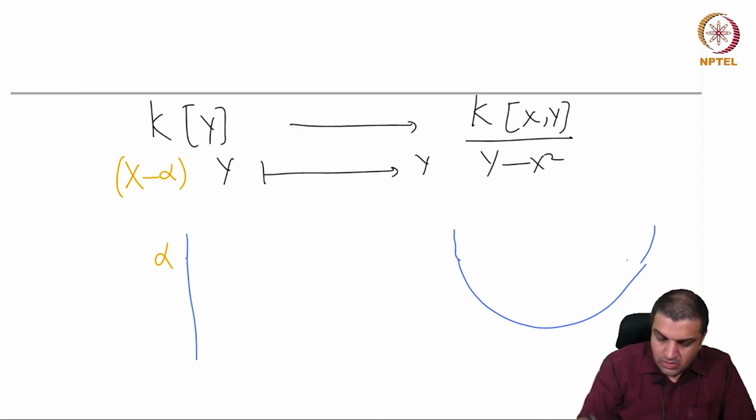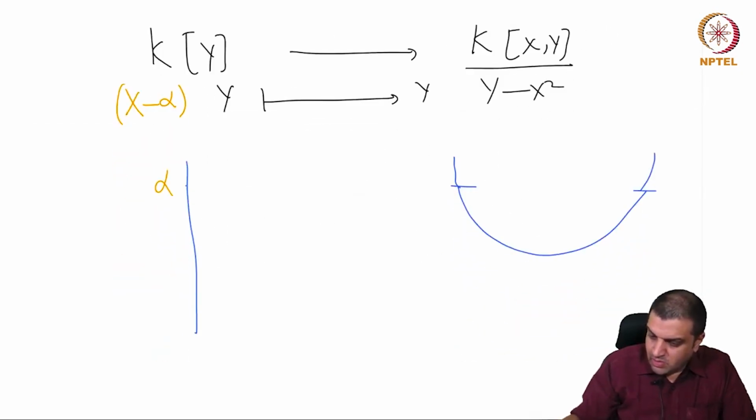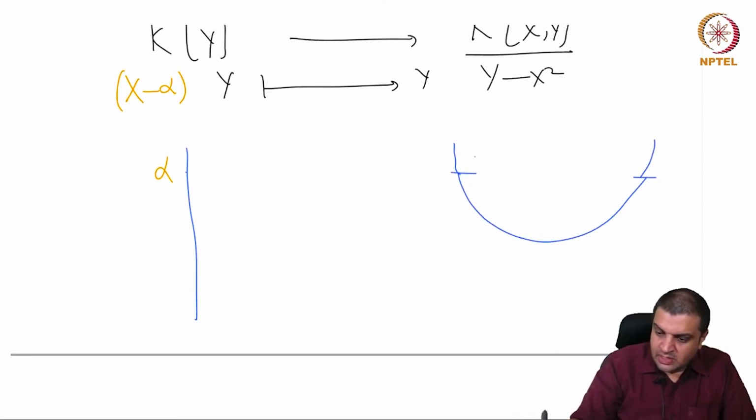For this alpha, there will be 2 points, which correspond to the x value taking the 2 square roots of the y value. Let's say this is alpha comma minus beta.